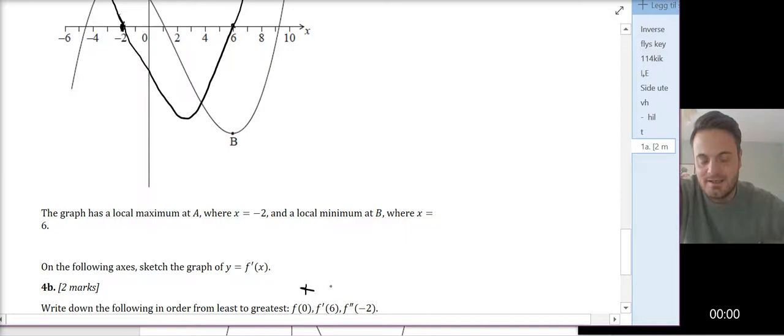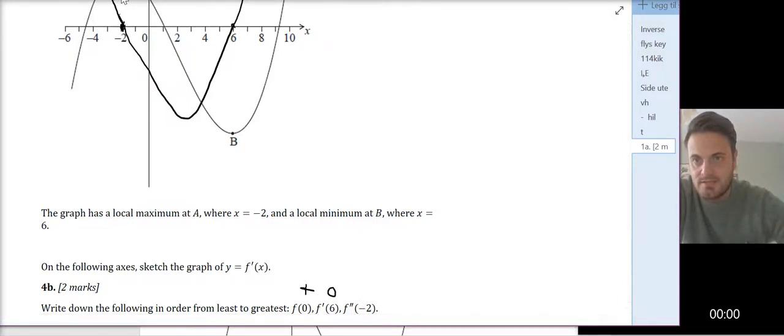F derivative of f when x is 6, we know that this is 0. And if I put minus 2 into the second derivative, when x is minus 2, we see that the second derivative is negative because the graph is concave down. It's angry, not happy.